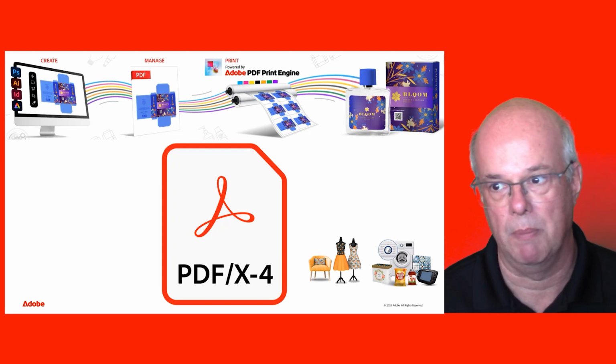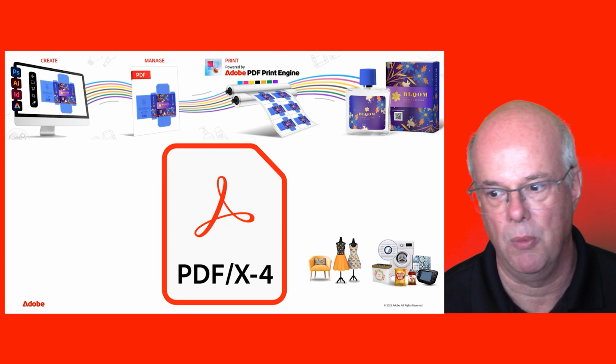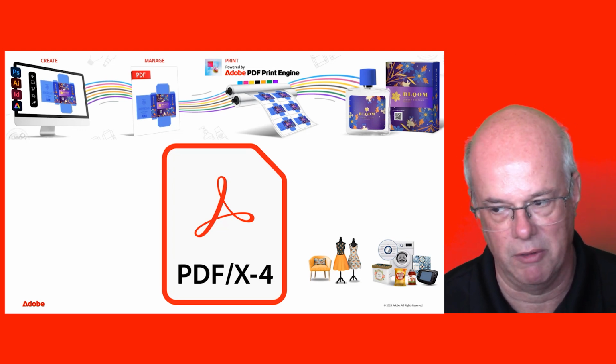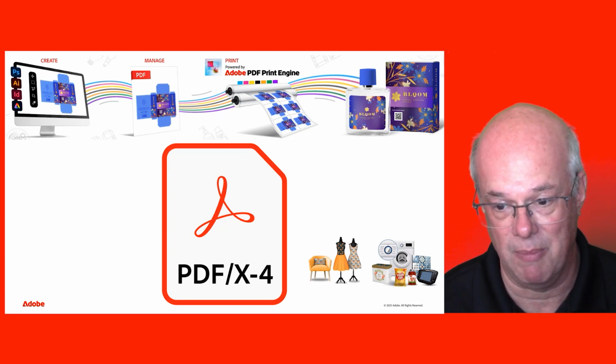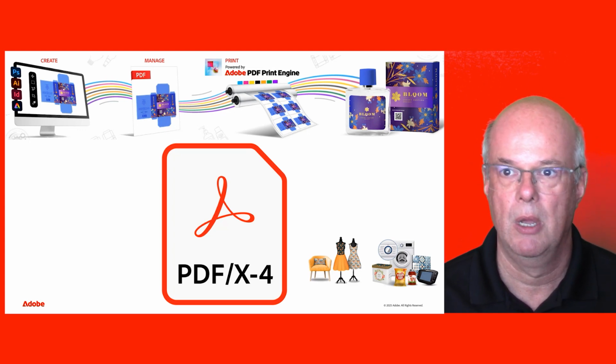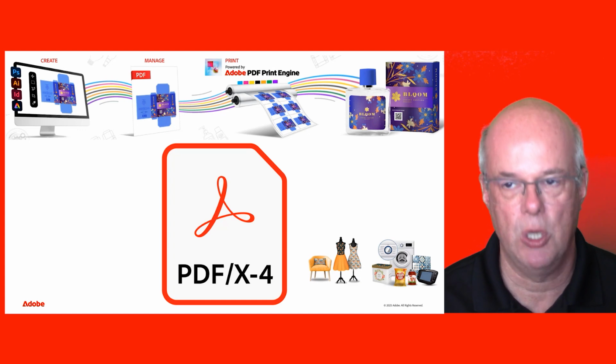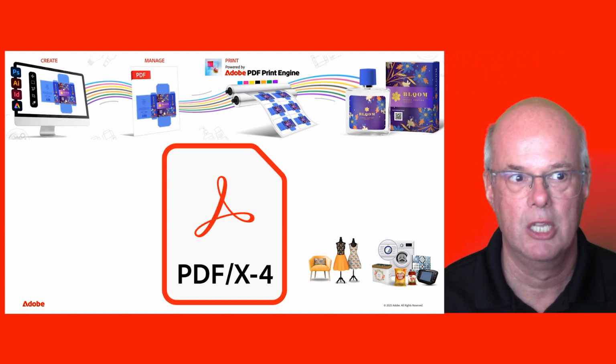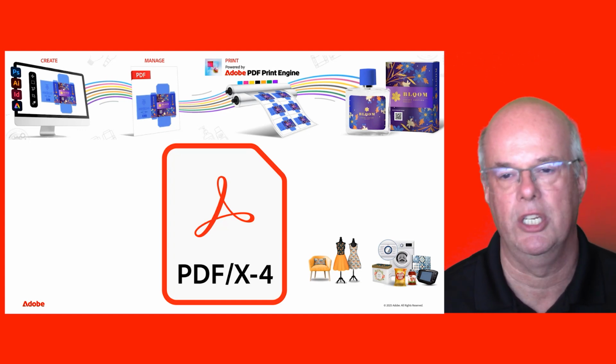So maybe we're doing packaging, maybe we're doing labels, maybe we're doing something industrial like the front of a dishwasher, maybe we're printing fabric. And of course, we can print our traditional commercial type jobs or brochures, books, where we're printing on paper. So PDF is powerful for all these use cases.